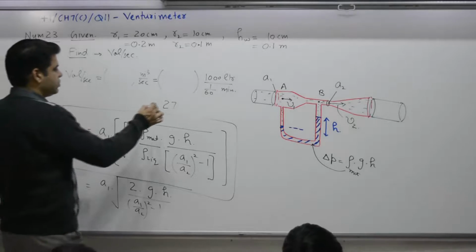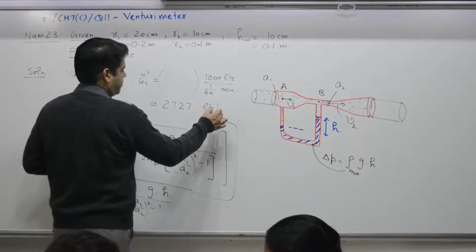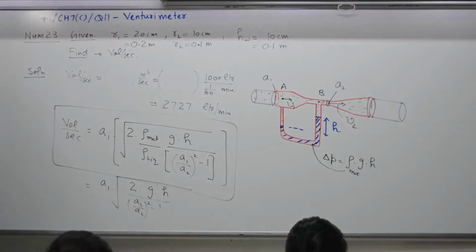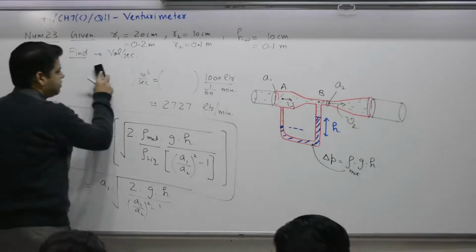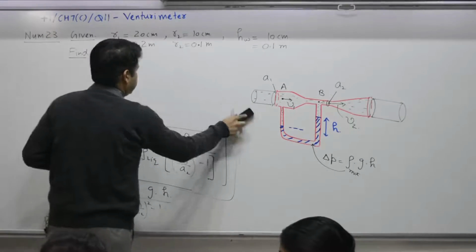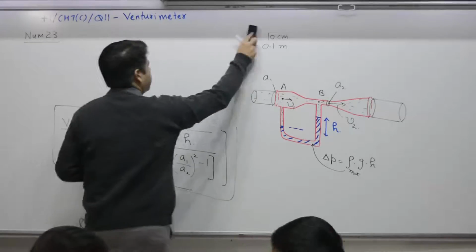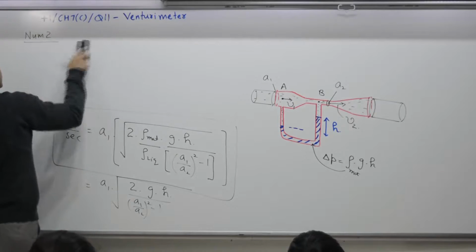Yes, you can take it as 2727 approximately liter per minute. Anyone with the answer, please? So you can have calculations at home. If a correction is required, then you can go for the correction also.